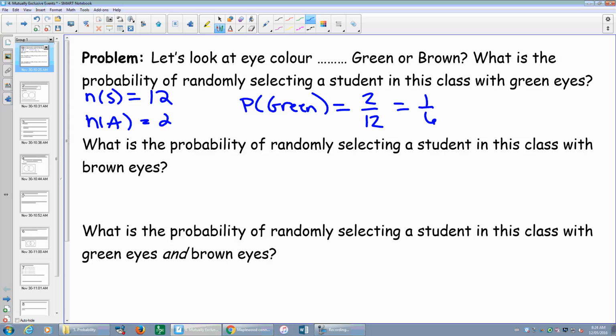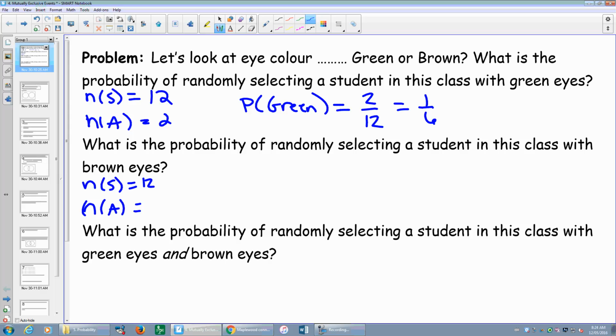What is the probability of selecting a student in this class with brown eyes? Well, again, my NS is still 12 because there are 12 of you here today. My NA is how many brown eyes there are. So who's got brown eyes? Raise your hand. Okay, count for me. 1. Are you raising your hand, Dylan?